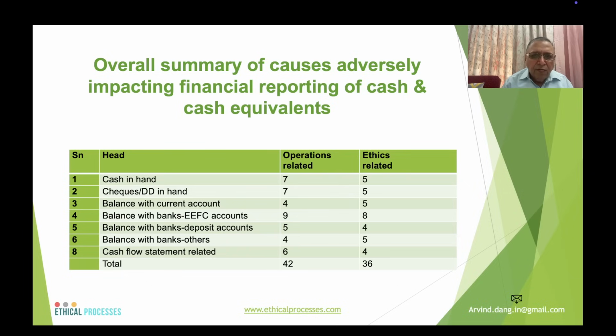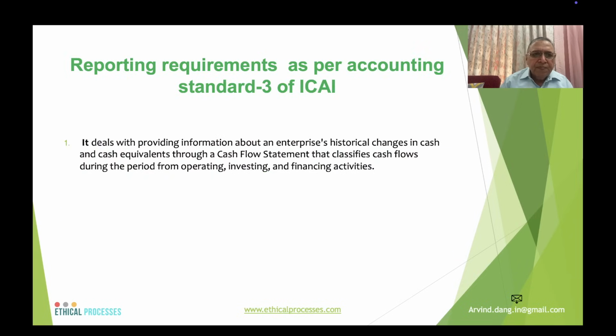Balance with current account, 4 operational and 5 ethics related. Balance with EEFC account, 9 operational and 8 ethics related causes, and so on and so forth. So the total number of causes are 42 for operational and 36 for ethics.